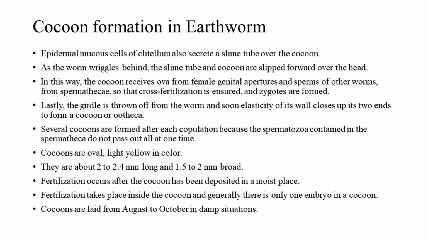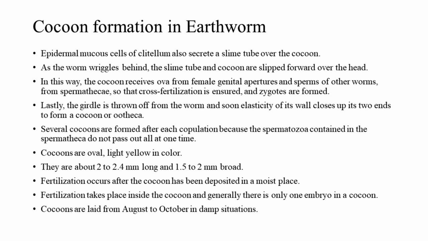As the worm wriggles backward, the slime tube and cocoon are slipped forward over the head. In this way, the cocoon receives ova from female genital apertures and sperms of other worms from spermathecae, so that cross-fertilization is ensured, and zygotes are formed. Lastly, the girdle is thrown off from the worm, and soon elasticity of its wall closes up its two ends to form a cocoon or ootheca.